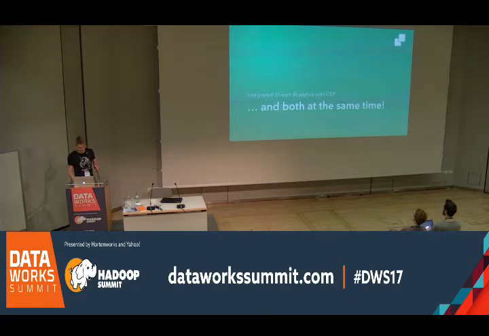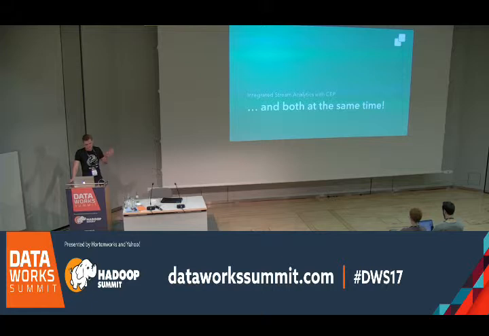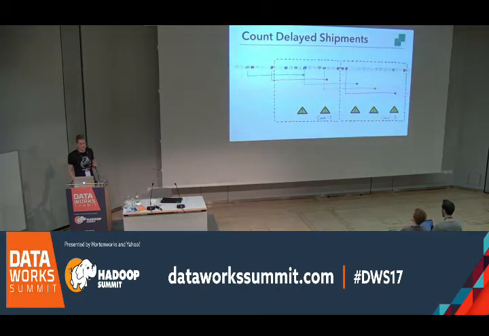All right. That's also quite nice and already gives some insights into our process. But wouldn't it be even more interesting to combine our CEP results with stream analytics? For example, we could ask the question: how many delayed shipments occurred each day?